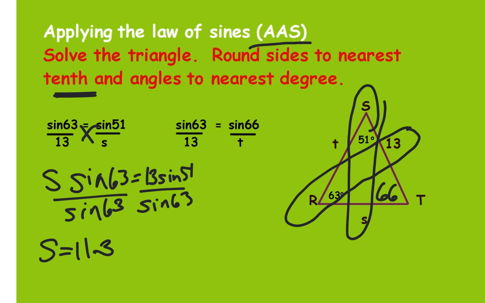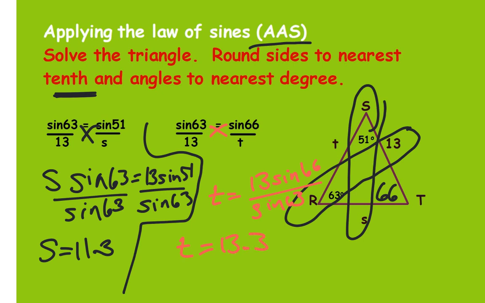Now, be careful. I have sine of 51, so is that a radian or a degree? That's a degree, so make sure that your calculator is in degrees when you do this. So again, cross multiply and divide. I'm going to go ahead and do 13 sine of 66 divided by sine of 63. That gives me side T is equal to 13.3.